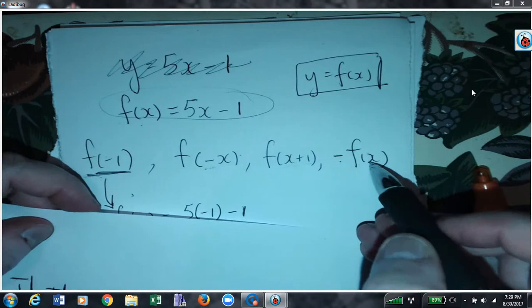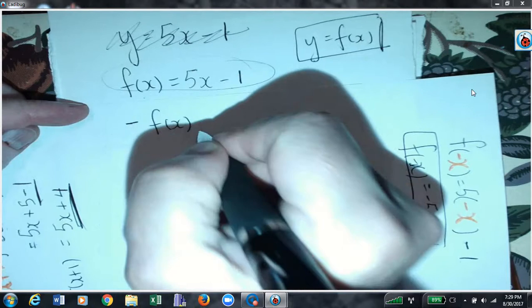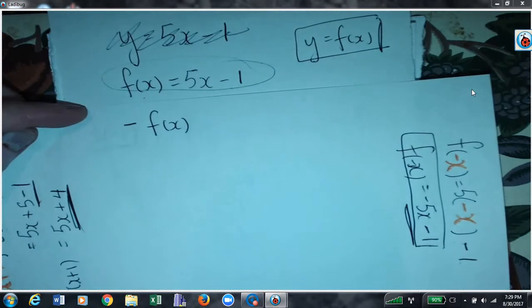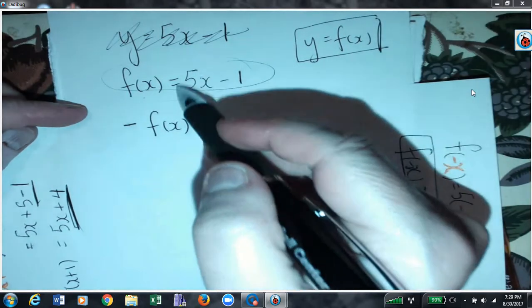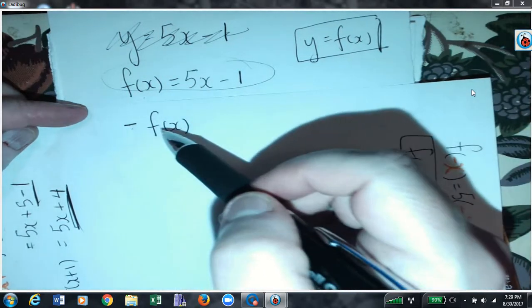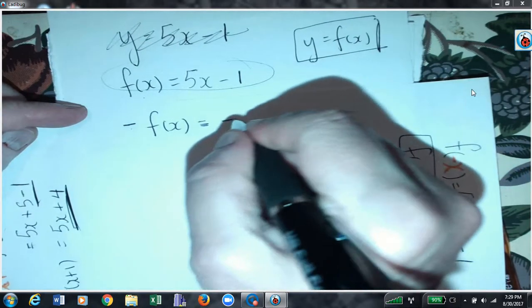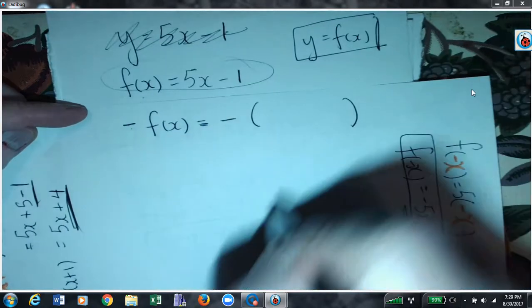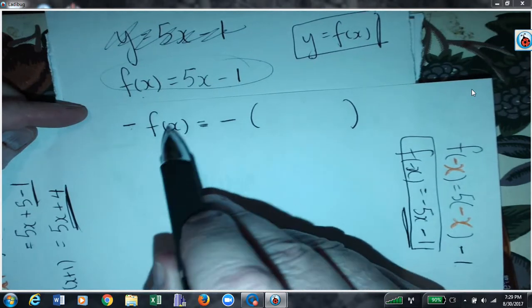Now what about this guy? The negative of f of x. Well, the negative of f of x is not -5x minus 1. You can't just negate the first part of the equation. It's the negative of the entire equation. So get into the habit of writing negative and then big parentheses. And then inside the parentheses, you put the equation for f of x.